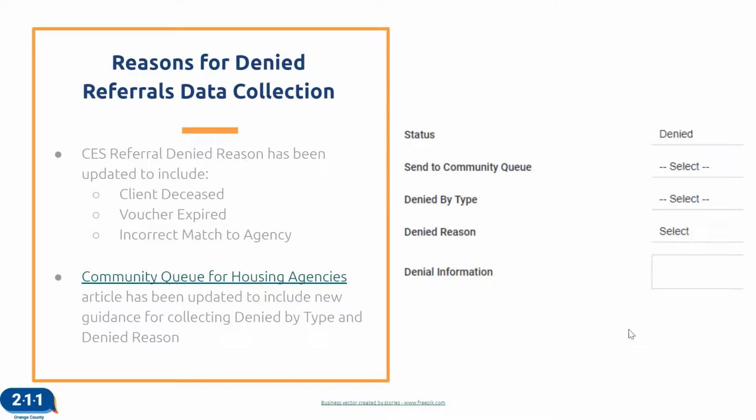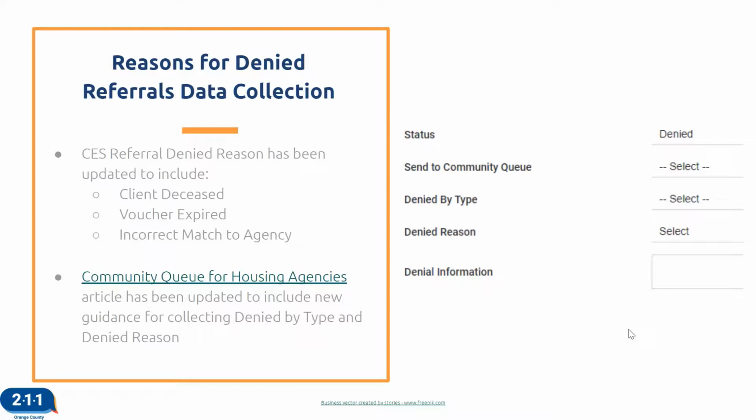First, when a household is matched to a housing opportunity at a housing provider, that housing provider has to review the match and then either accept or deny that referral. And if the referral is denied, you can see on the right side of the screen, there's some questions that the agency has to answer.